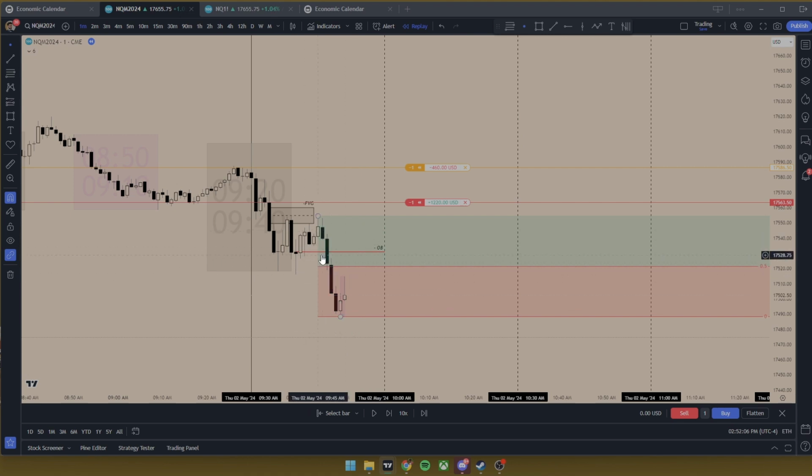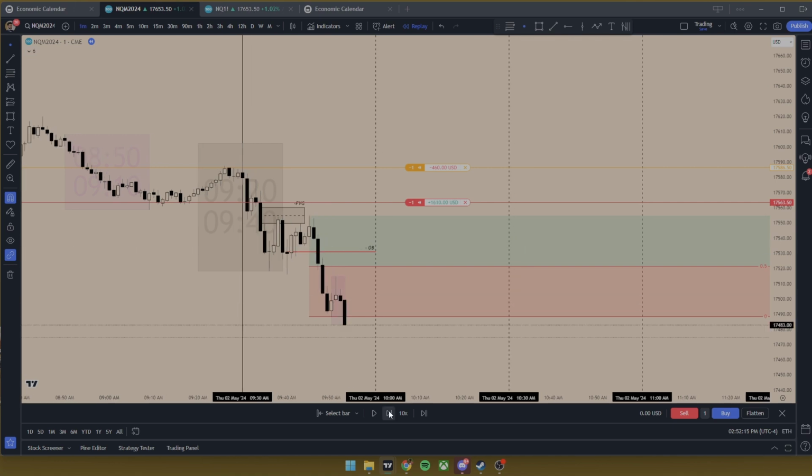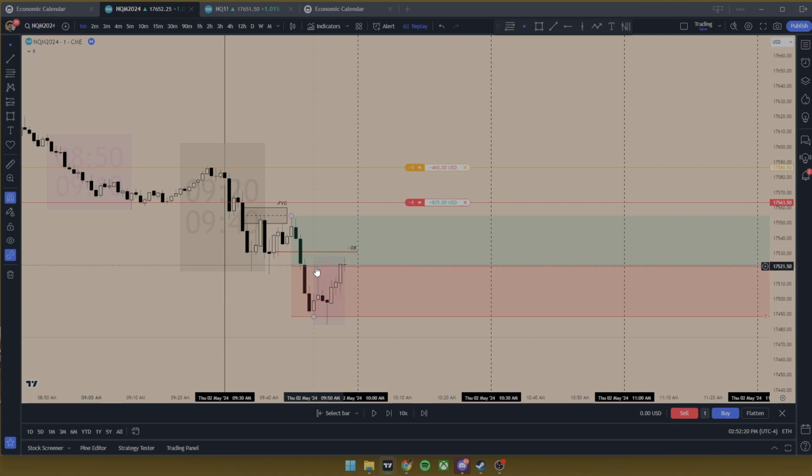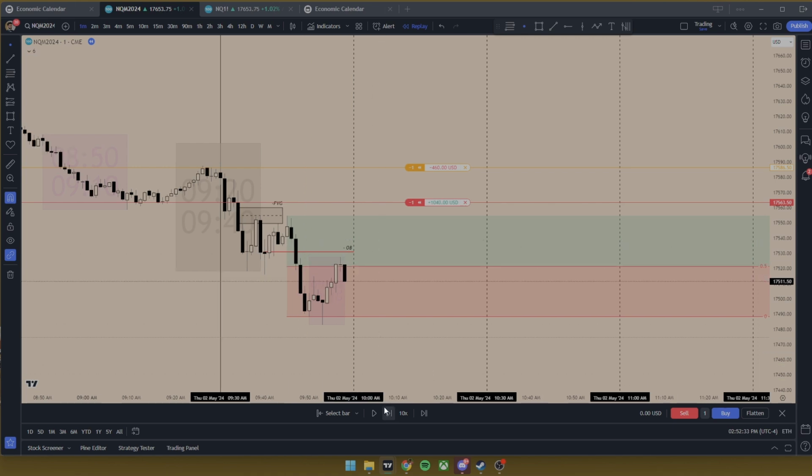In this scenario, we want this to act as our breakaway gap. You can see we just dip into that premium. We have our order block level here. We want to see our order block and above remain unfilled. That's a confirmation that you are still on the right side of the marketplace.